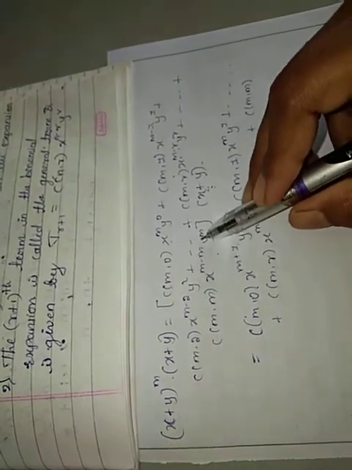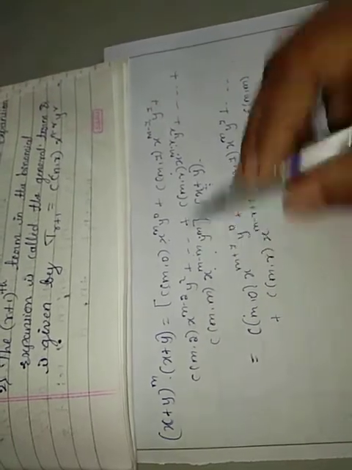X raised to m minus m is 0, so x raised to 0 into x is x raised to 1, into y raised to m.